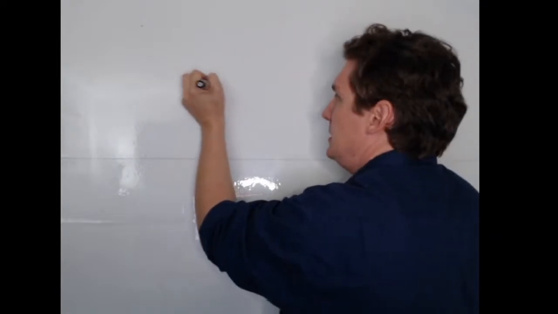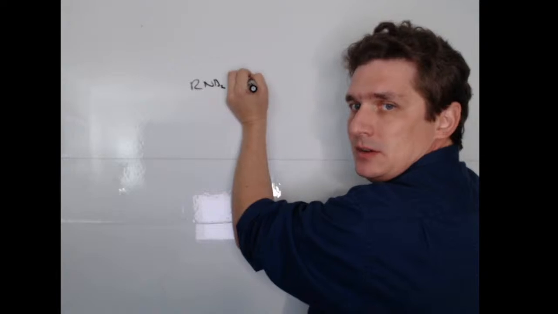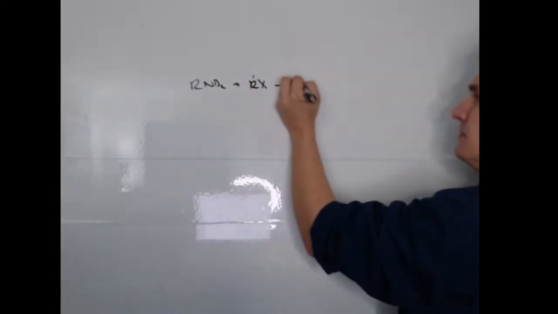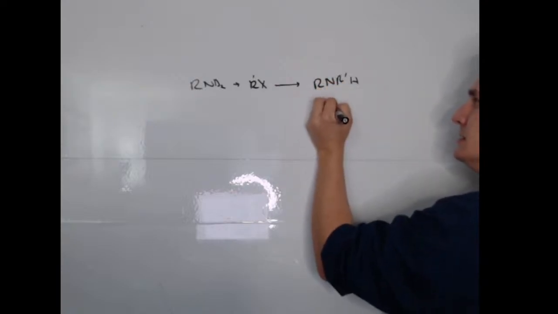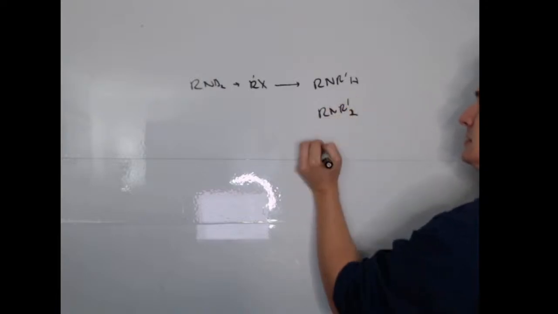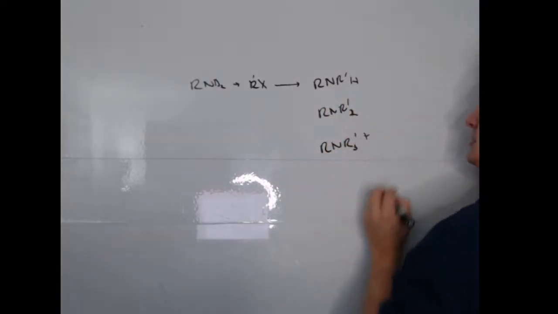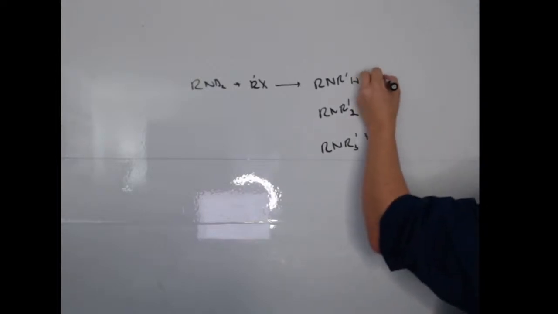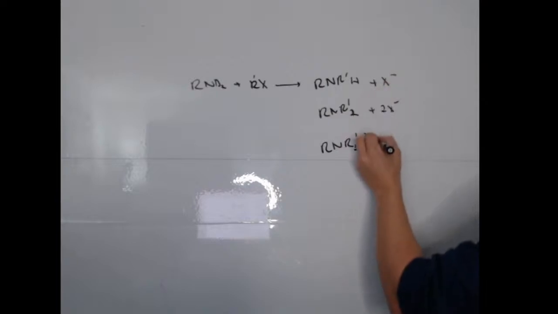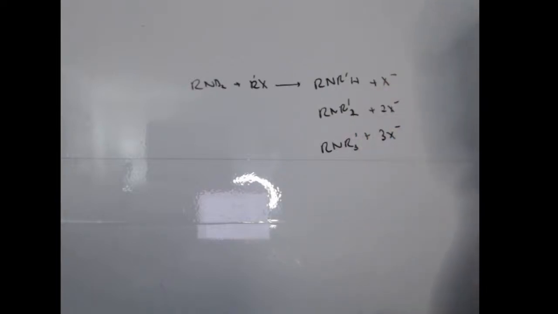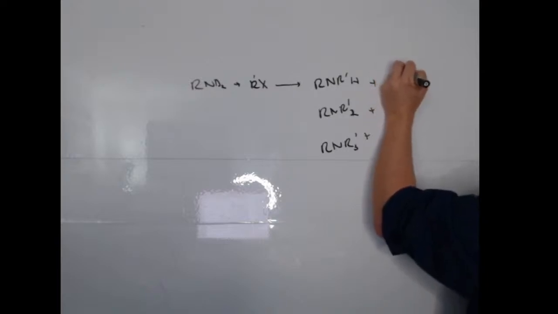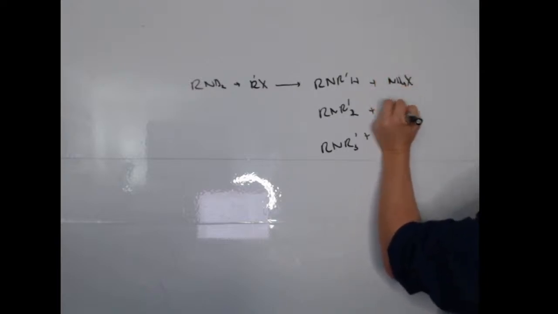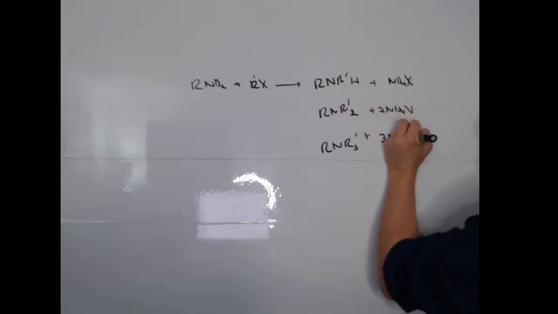If we have RNH2 and we add R'X, we expect this to keep removing the halogens, and so we get plus X, plus 2X, plus 3X. And the question is, do we need to worry ourselves with, also NH4 is in there too. Do we have to write all of them?